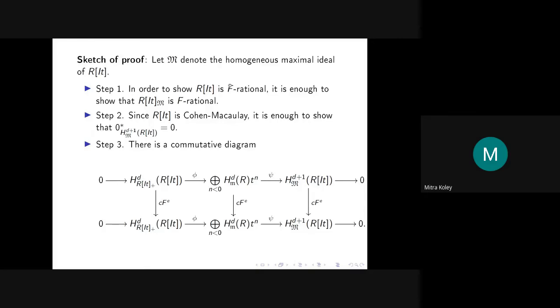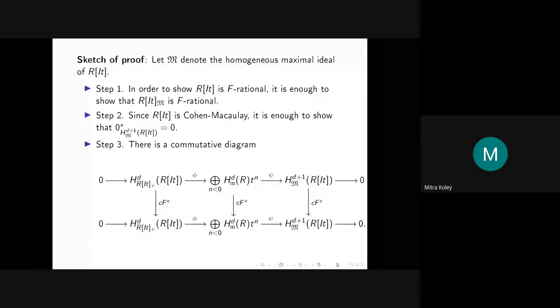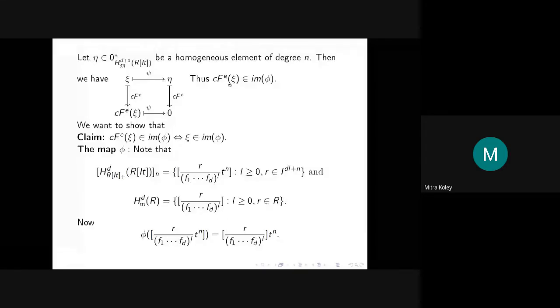So now in the lower exact sequence, we get c F^e(psi), which is in the image of phi. We want to show that the tight closure of 0 is 0. We want to show that if c F^e(psi) is in the image of phi, then psi is in the image of phi. So this is the claim.